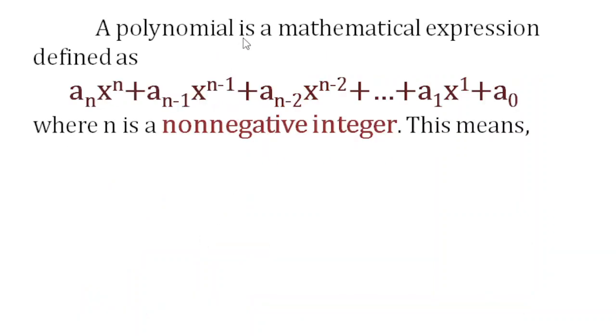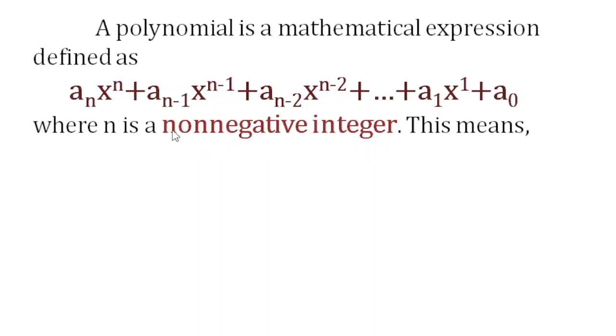A polynomial is a mathematical expression defined as a sub n times x to the power of n plus and so on and so forth plus a sub 0, where n is a non-negative integer.